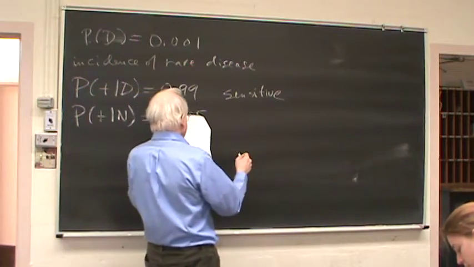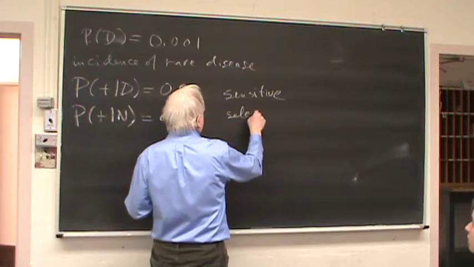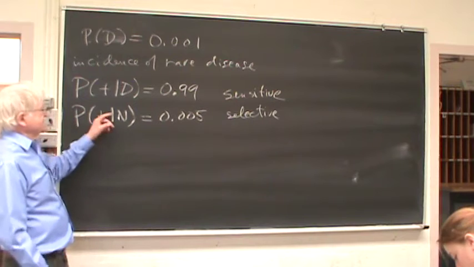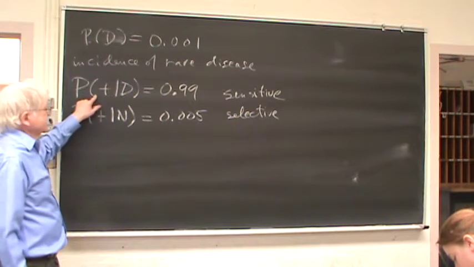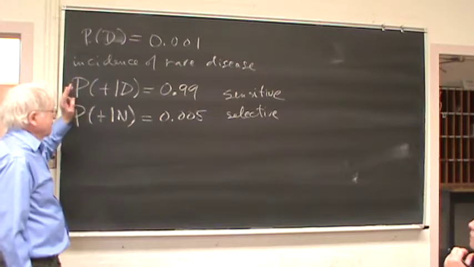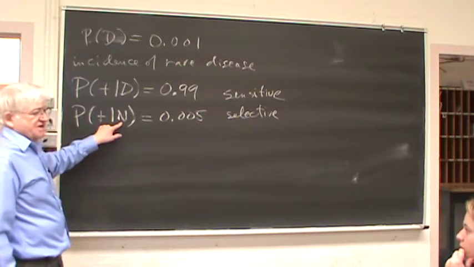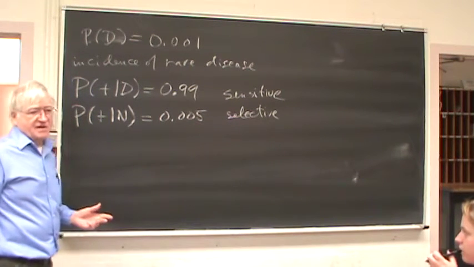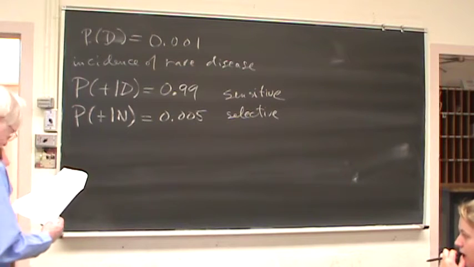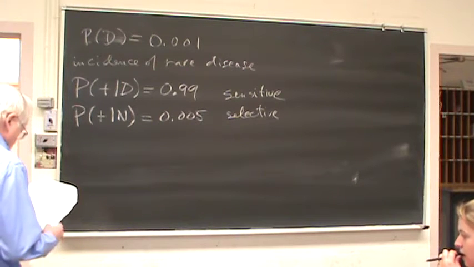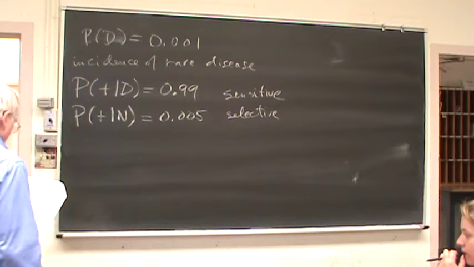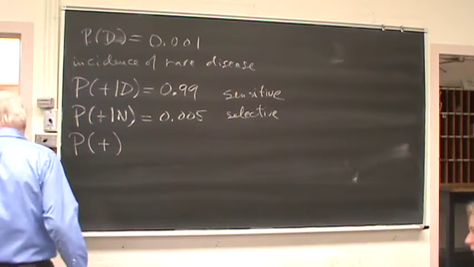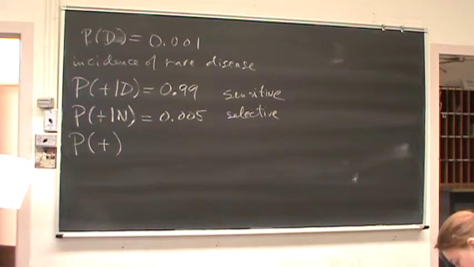So in other words, somebody comes into the clinic, has the disease, the test is going to give a positive result 99% of the time. If someone comes in, doesn't have the disease, it's going to give a positive result only 5 times in 1,000. So this is a pretty good test. Now, what's the probability that a random person tests positive?